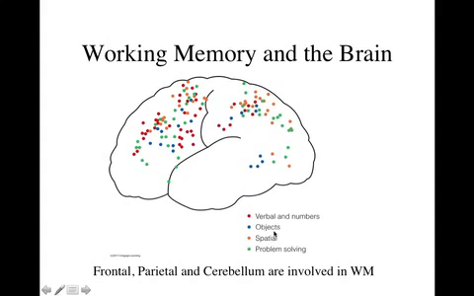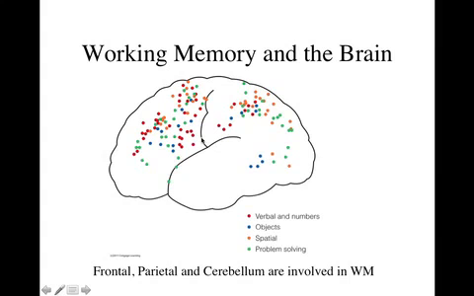So for objects, you're going to see working memory taking place in the inferior temporal cortex, and that's where we know that objects are first processed in terms of visual processing. Verbal and numbers are often in the frontal and parietal areas, where executive function is, and so logical reasoning. And language, for instance, is in Broca's and Wernicke's areas, and you see working memory showing up in those places as well.